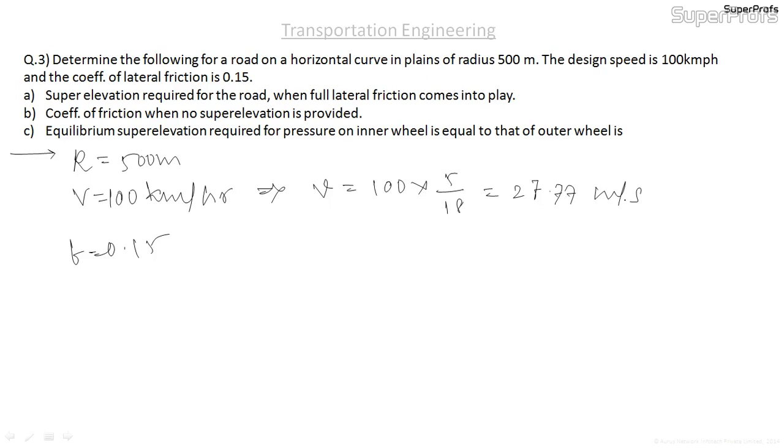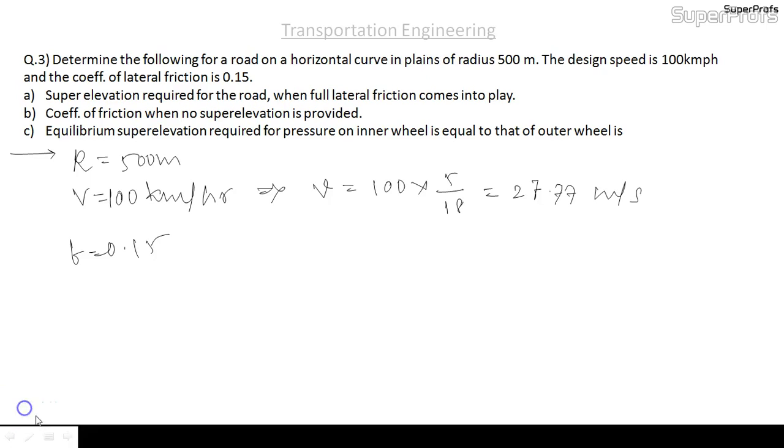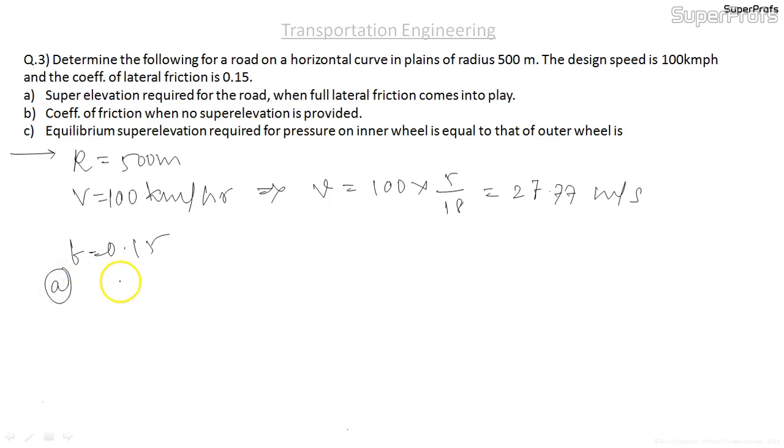Now we have to find the super elevation required for the road when full lateral friction comes into play. So the super elevation is to be calculated when full lateral friction is available. Our general formula is e plus f equal to V square upon gR.